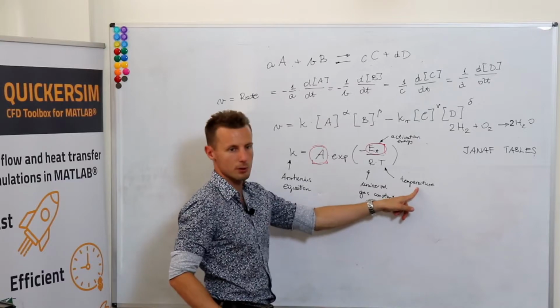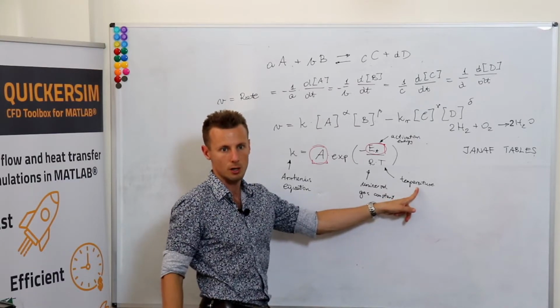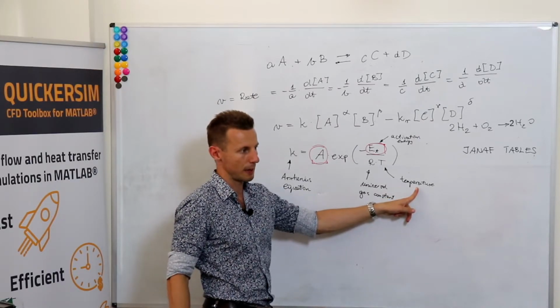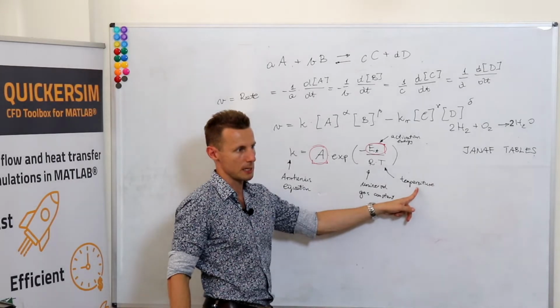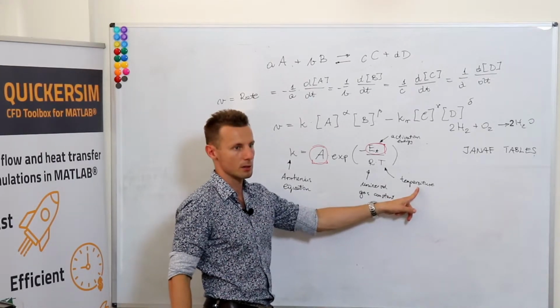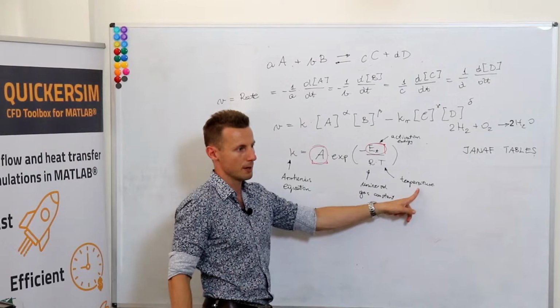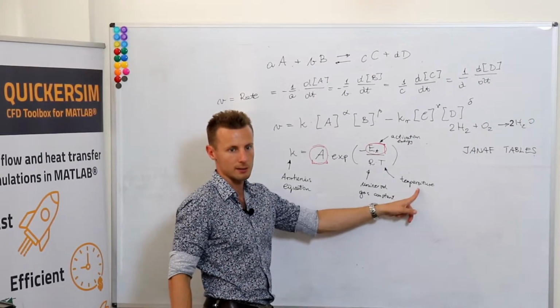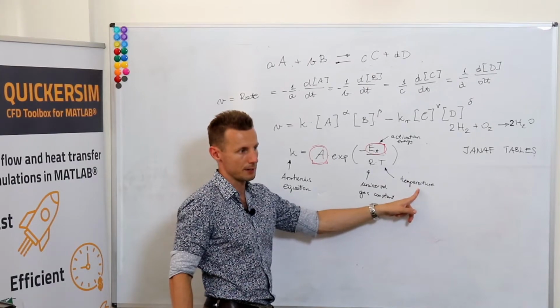This one introduces really strong correlation with temperature. So you will see that until a certain temperature level, there will be reactions that are not activated before a certain temperature level is achieved.